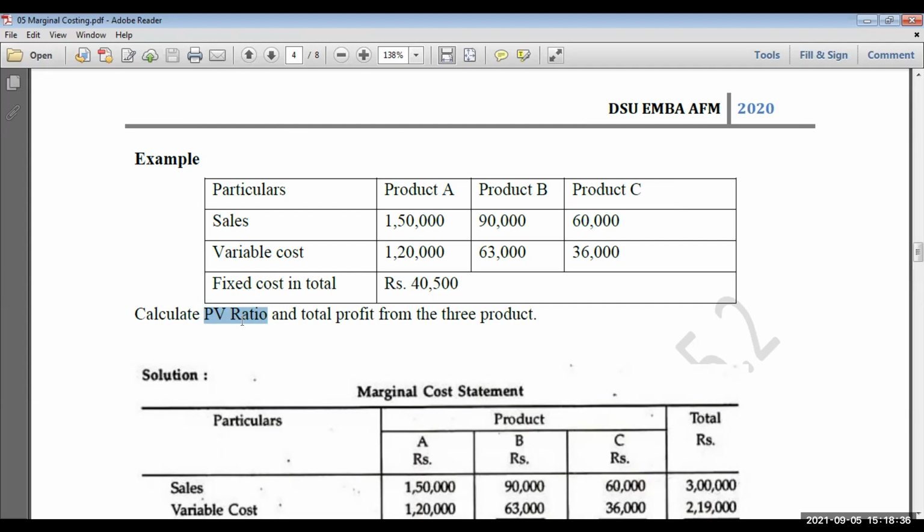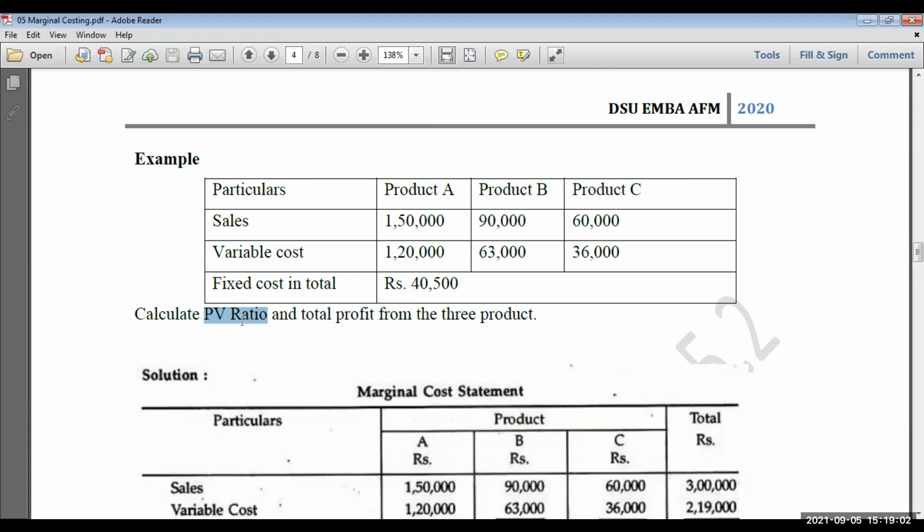In my example, 25 rupees is the selling price. 15 rupees is the variable cost. Contribution was 10 rupees. Now what is PV ratio? PV ratio is equal to 10 rupees, that is contribution per unit, divided by sales, that is 25 rupees per unit. 10 by 25 into 100 is equal to PV ratio.